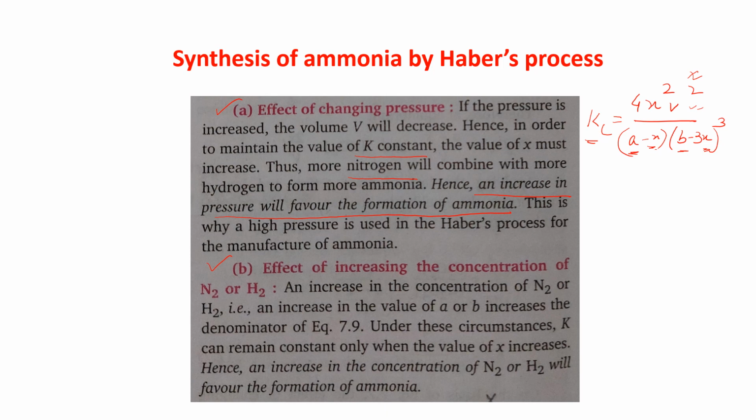We can increase the value of X also. So an increase in the concentration of N2 and H2 will favor the formation of ammonia. If we increase the number of moles of reactant, then your product will also be more. I hope it is clear to you now.